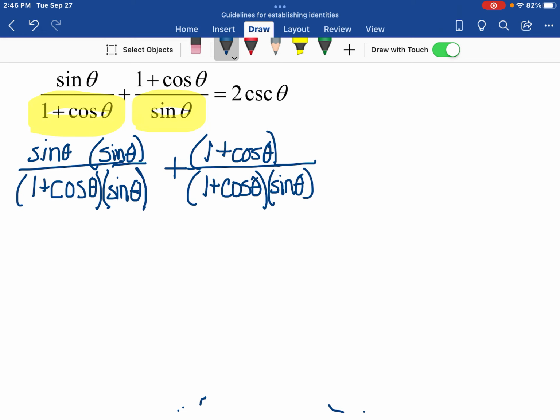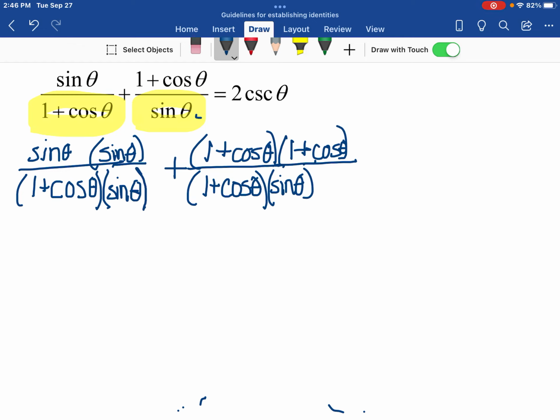How I changed from the given denominator sine theta to this least common denominator was multiplying by 1 plus cosine theta. So I've got to do the same thing to the numerator, to keep things equal here.